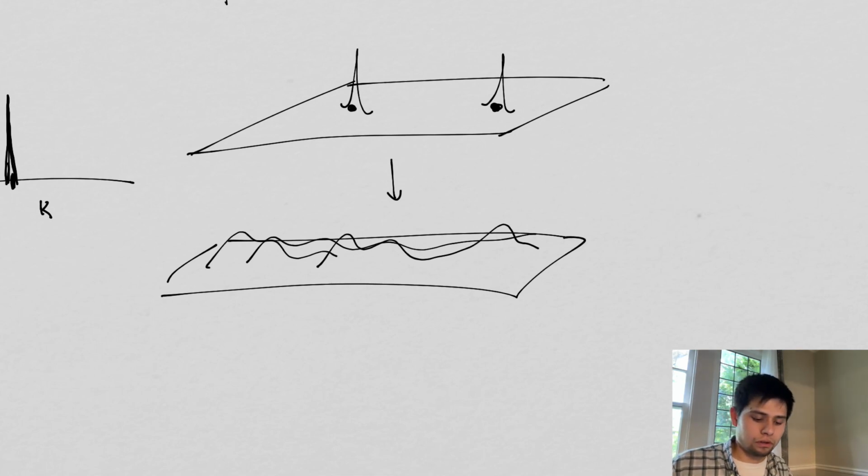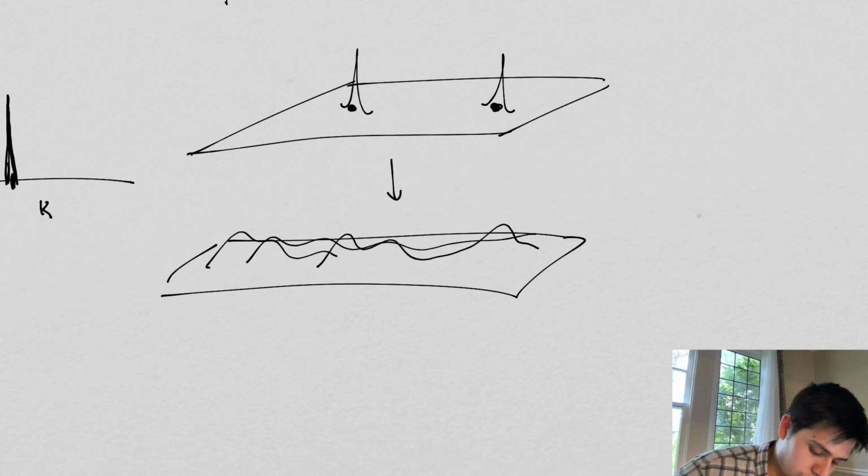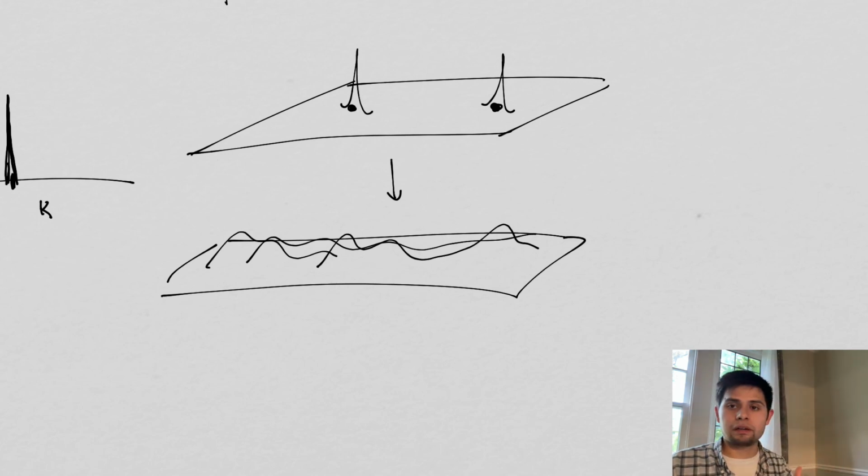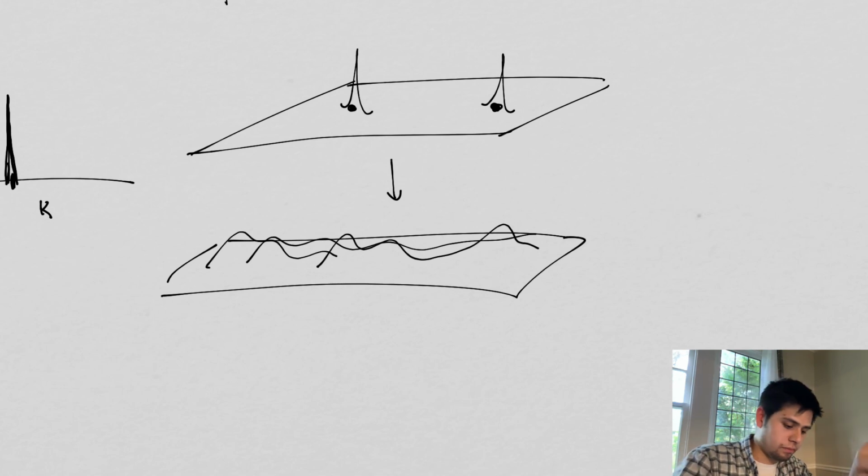That was really haphazard, but we're going between, again, momentum space and position space. So in one case we have position, and in the other case we have momentum space.